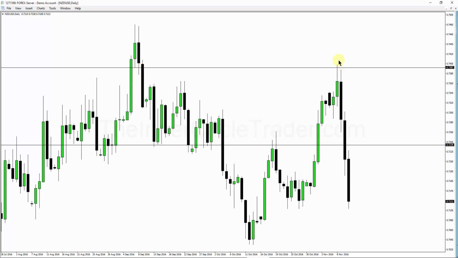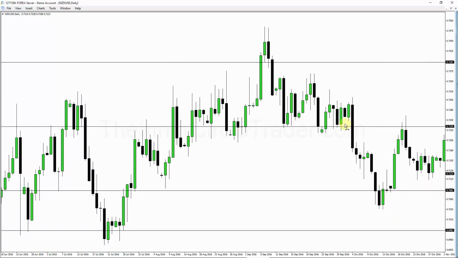See it trading it here. Minimum expectation is to trade down to here. The next one would be down here. So you want to reach for that. And then below these lows.